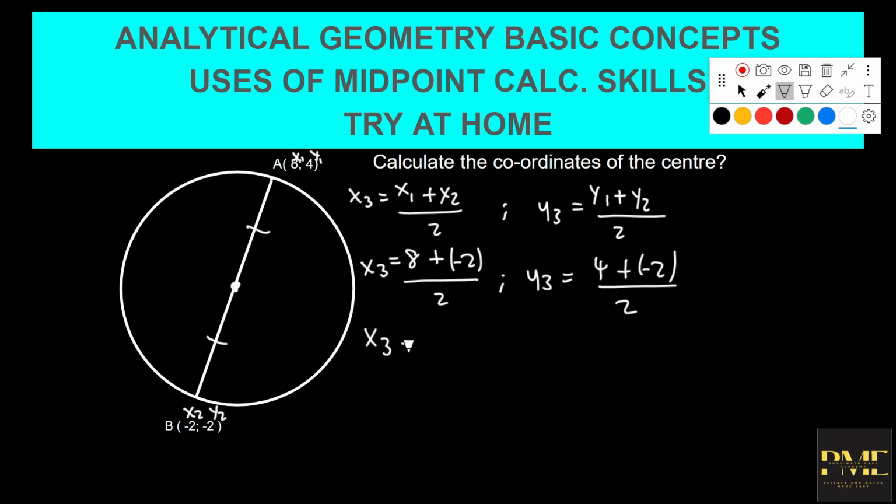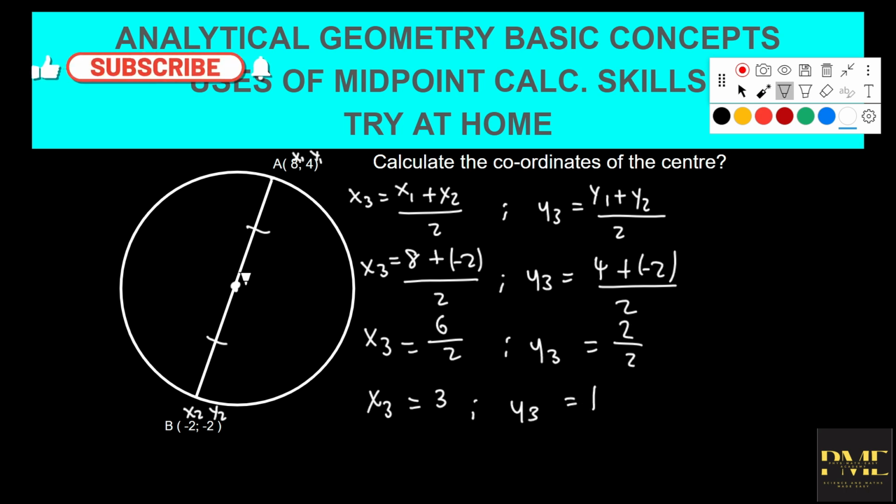Then let's multiply my signs: positive times negative will give us a negative, then 8 minus 2 is 6 over 2, and y3 will be equal to positive times negative, that's negative, then 4 minus 2, that is 2 over 2. Therefore, our x3 will be equal to 6 divided by 2, which gives us 3, and y3 is 2 over 2, which is 1. So our coordinates of the center are 3, 1, guys.